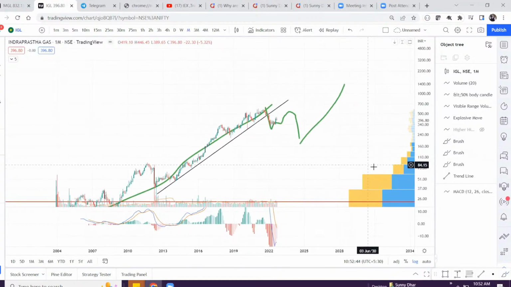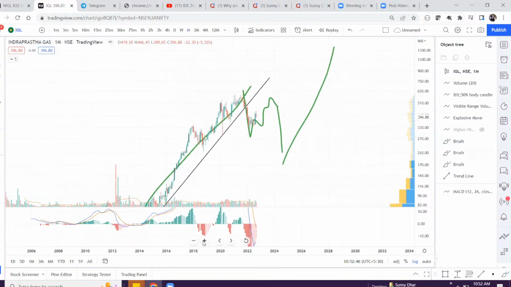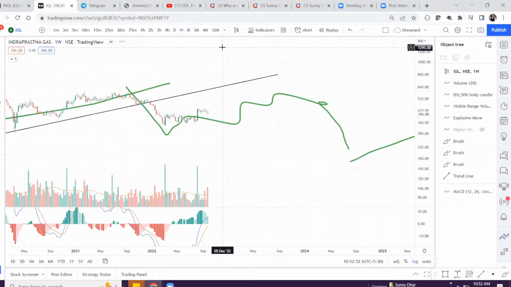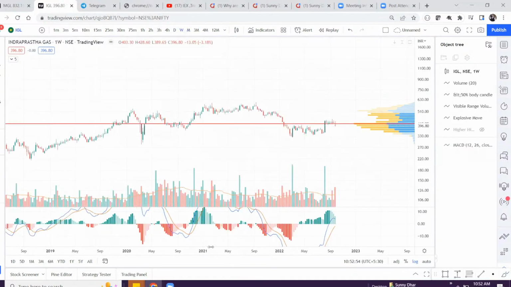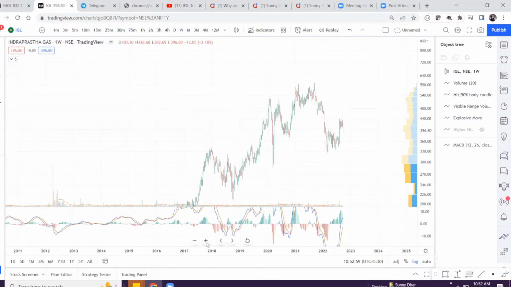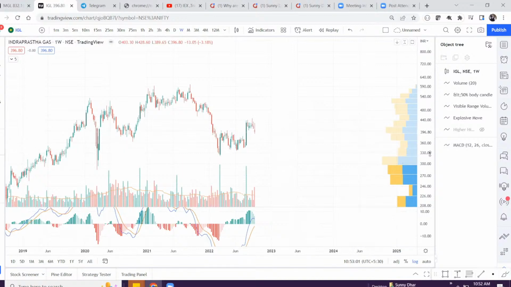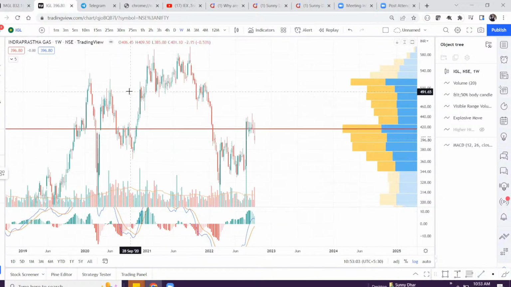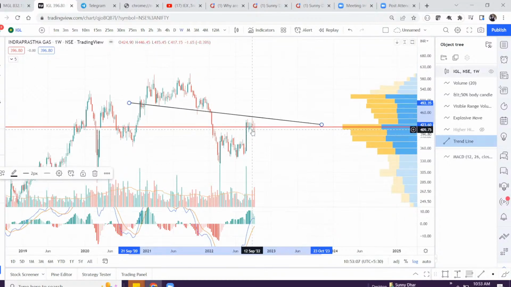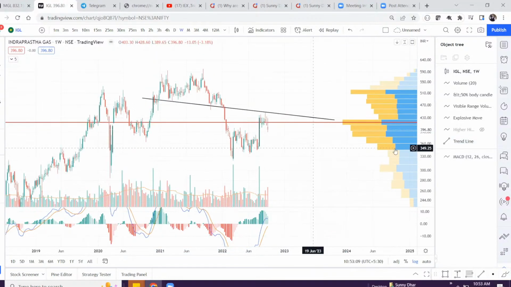So now, let us go to the minor details of this. See, after this head and shoulders pattern, price is again taking resistance at this level.